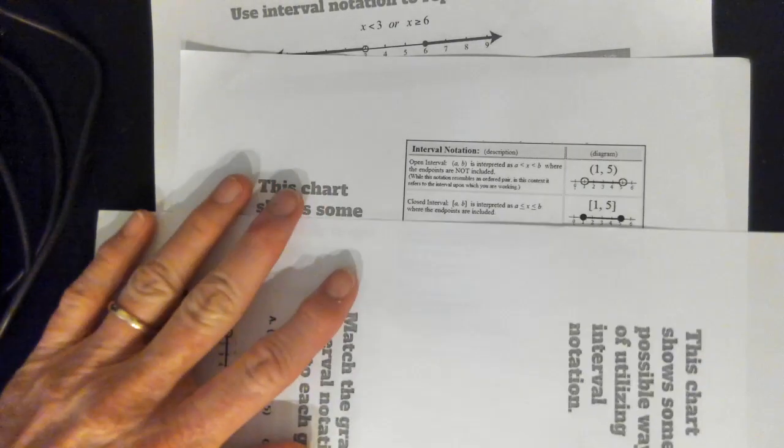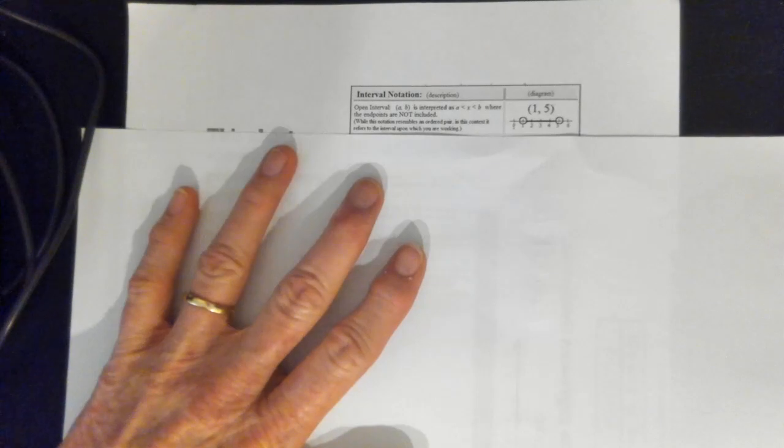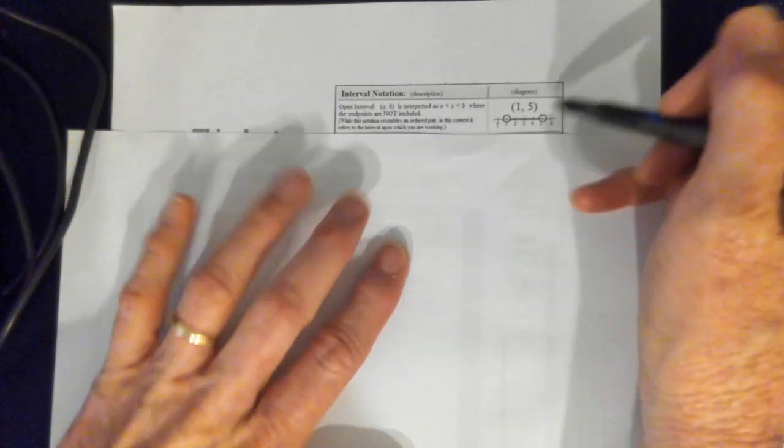So with Pear Deck, what we did is we took each one, and they're each on a slide. So we don't need you to know right now exactly if it means open or closed. What we want you to be able to do is look at your graph and be able to write the answer in interval notation.